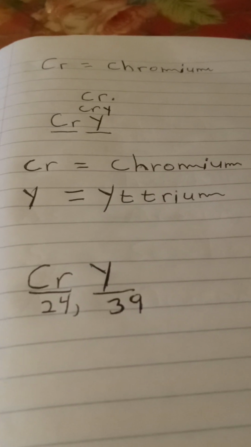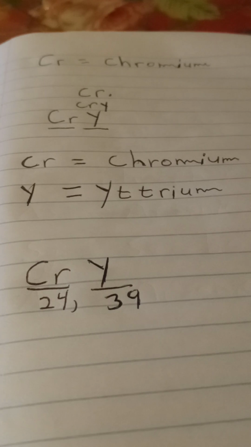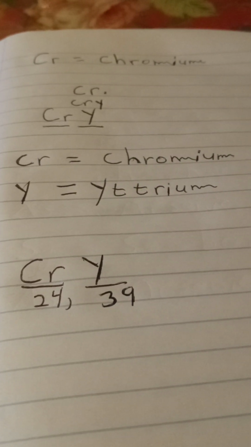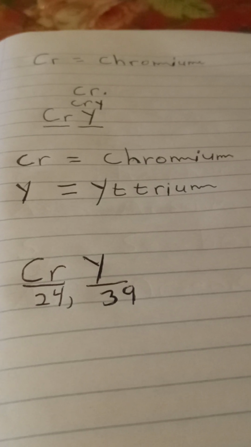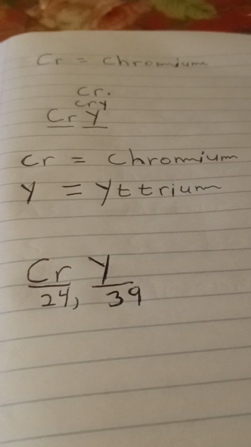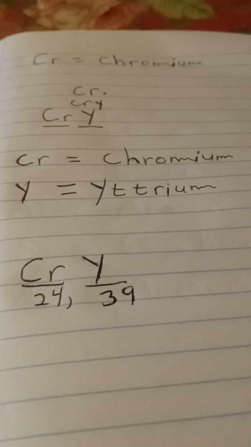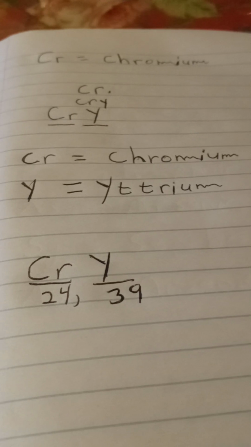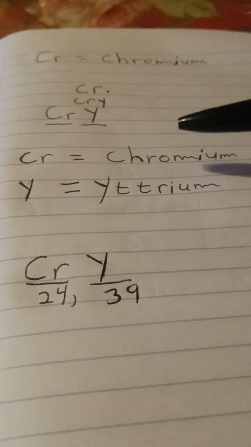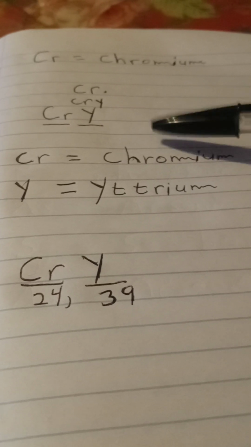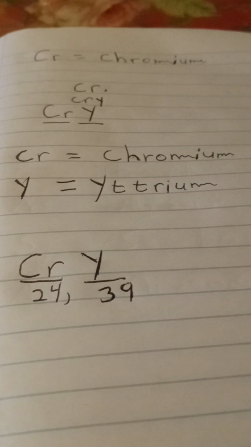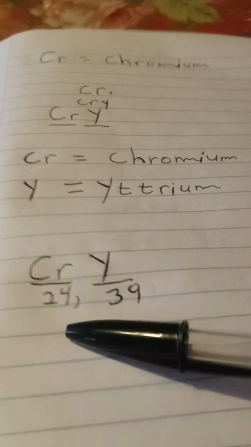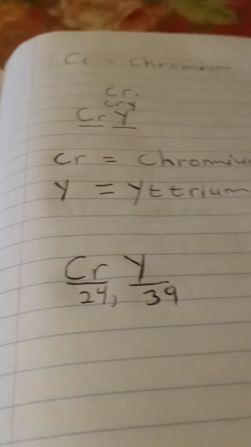But if you do it my way and make up these words as you go along, and you see somebody crying, or somebody unhappy, or somebody too happy and crying, you say, oh, CrY, capital C-R-Y. Then you say capital C and a small r is for chromium, and capital Y is for yttrium. And if you want to go further, you can do the atomic numbers. That's all it is.